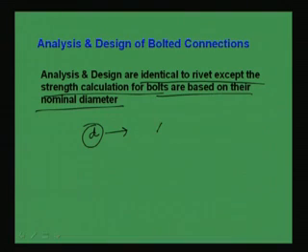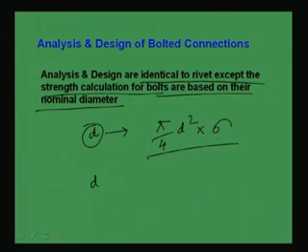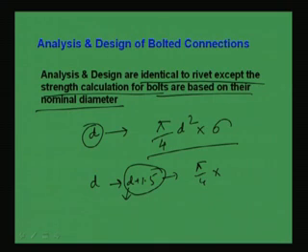So, as per the permissible stress, we can find out the strength as pi by 4 d square into the stress. Now, in case of rivet, the d becomes d plus 1.5, where d is the nominal diameter and d plus 1.5 will be the gross diameter, and accordingly we used to calculate the stress. So, these are the differences between bolted connections and riveted connections.